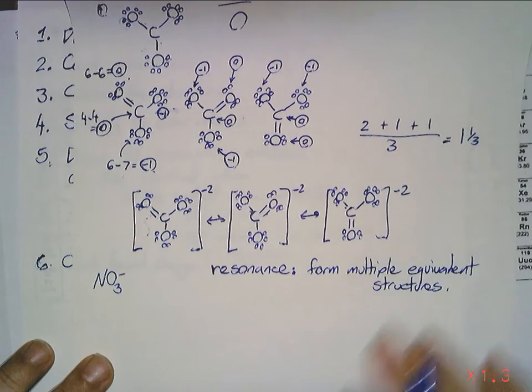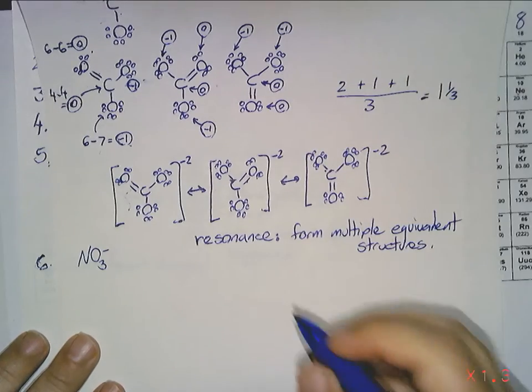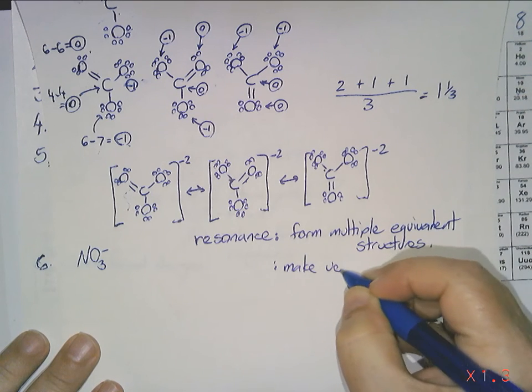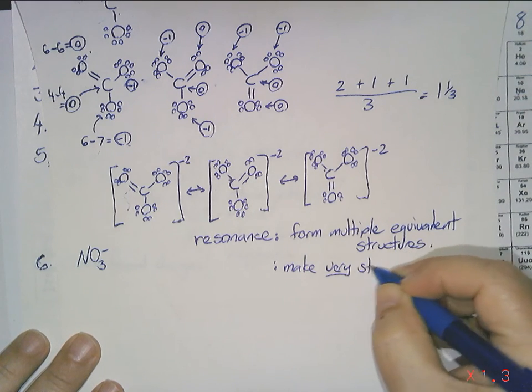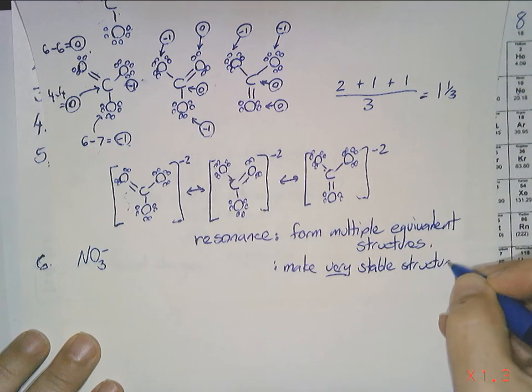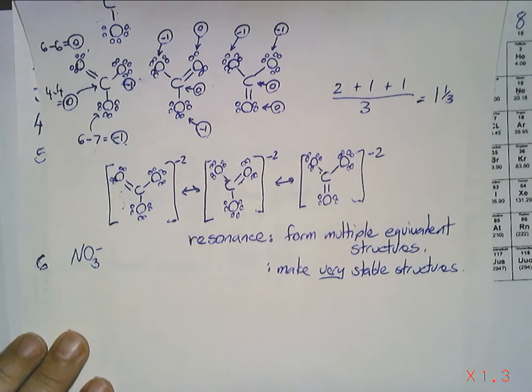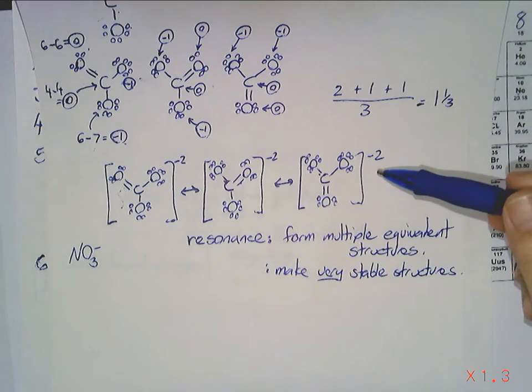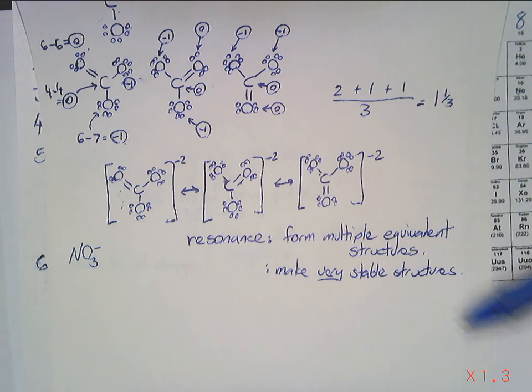Resonance is important also because it makes very stable structures. If you've got resonance structures like this, and each of these are called resonance structures, we say we have 3 resonance structures here.